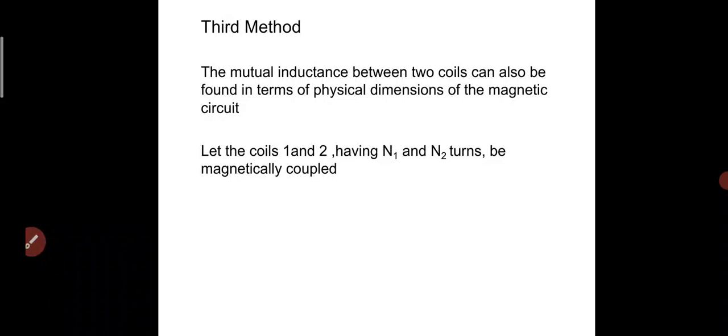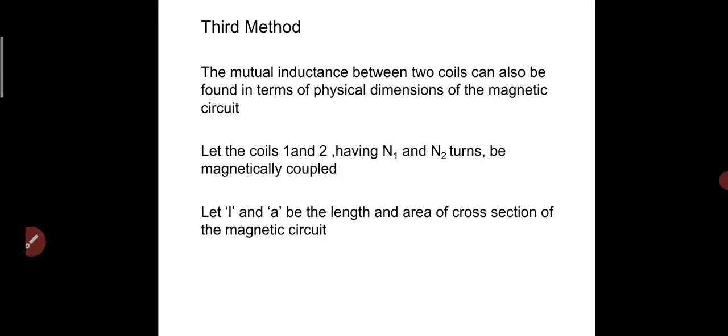Let coils 1 and 2, having N1 and N2 turns, be magnetically coupled. Let l and A be the length and area of cross section of the magnetic circuit.